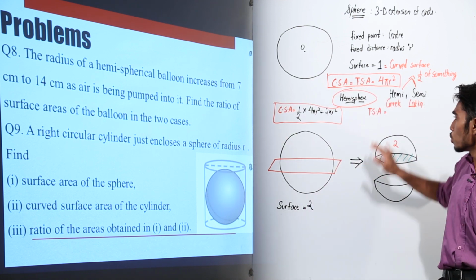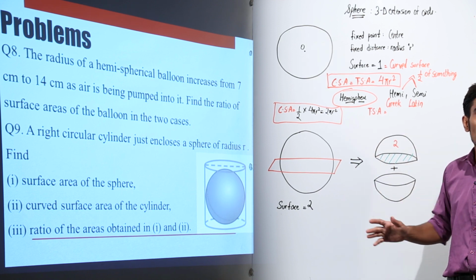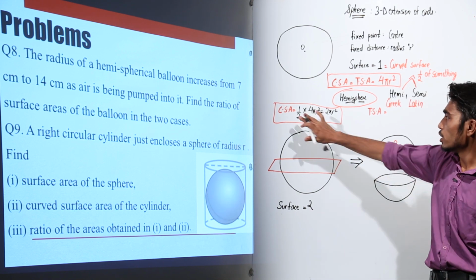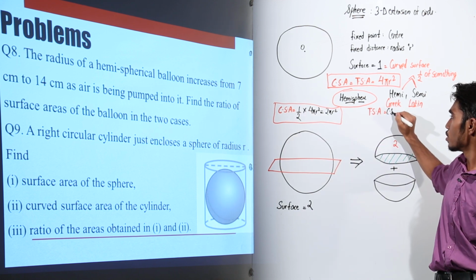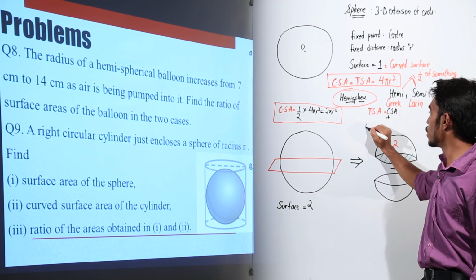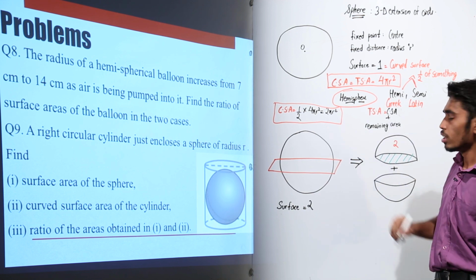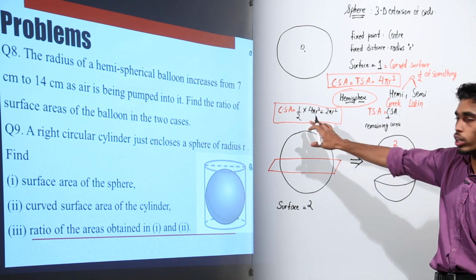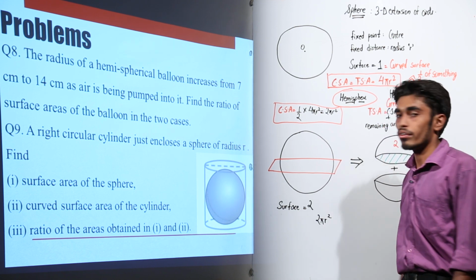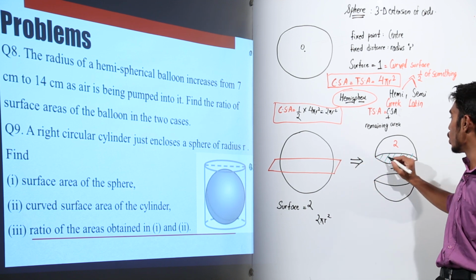Now we know the formula for total surface area. What is the formula for total surface area? It is curved surface area plus the area of the surface that is remaining. So I can write total surface area as the curved surface area plus remaining area. Now the curved surface area for a hemisphere is equal to 2 pi r square, right? And the area that is remaining is nothing but a circle whose radius is also equal to r.